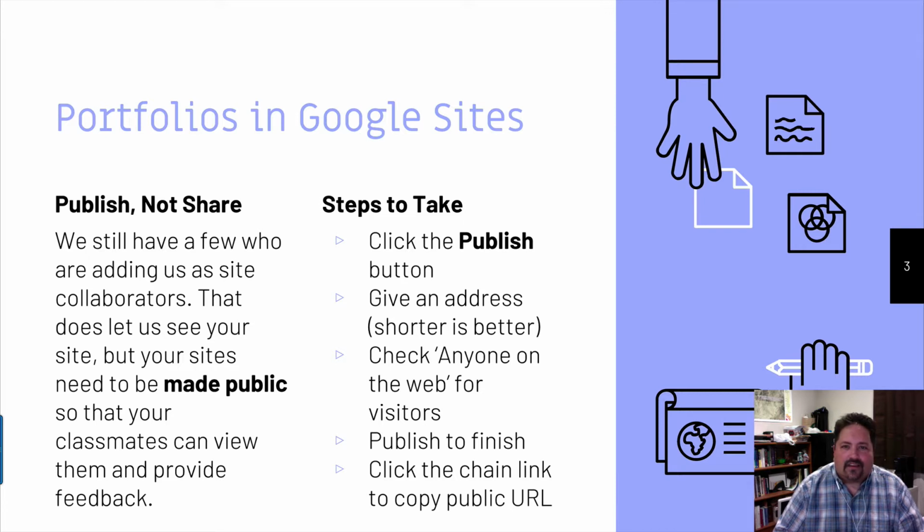The steps to take there: when you're in your Google site, there's a big bluish purple, I don't know what color it is, publish button on the upper right. It will ask you to add an address. It'll look weird. It'll say sites.google.com/ and then whatever's at the end of your email address.